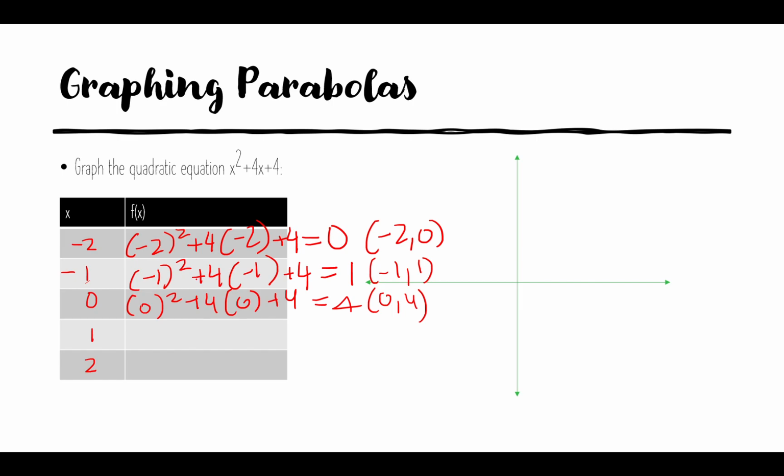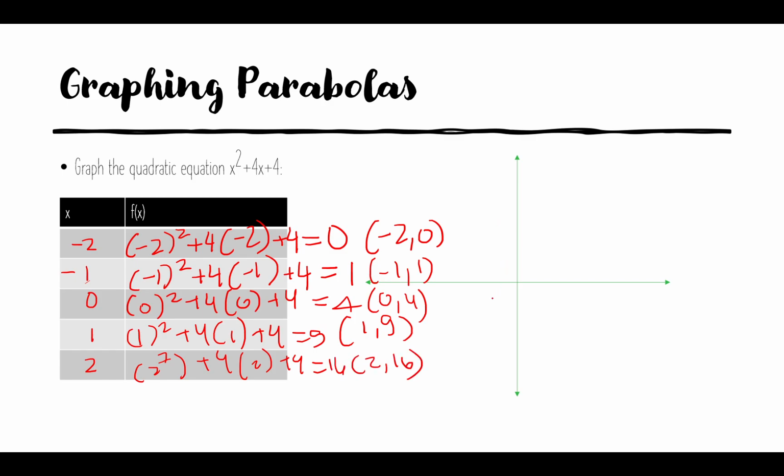For x is equal to 1, we will get 1 squared plus 4 times 1 plus 4, which is equal to 9. And for x is equal to 2, we will get 2 squared plus 4 times 2 plus 4, which is equal to 16.